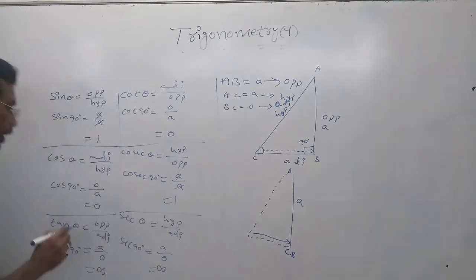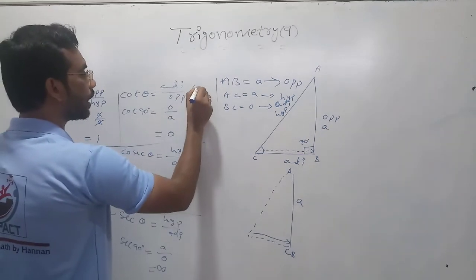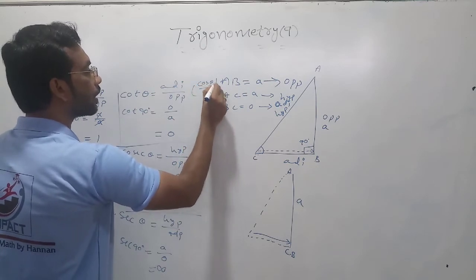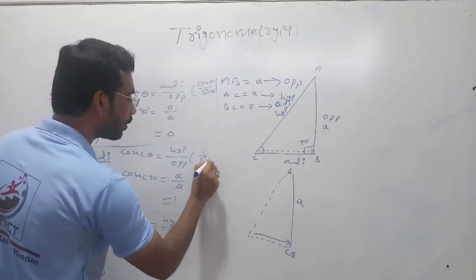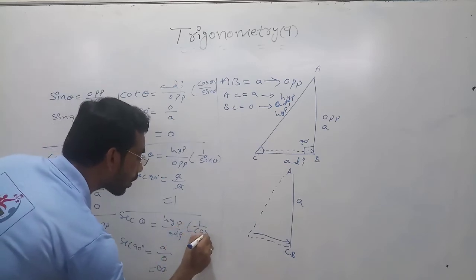Let me tell you once again, tan theta can be written as sin theta by cos theta, and cot theta can be written as cos theta by sin theta. Next, cosec theta can be written as 1 by sin theta, and sec theta can be written as 1 by cos theta.